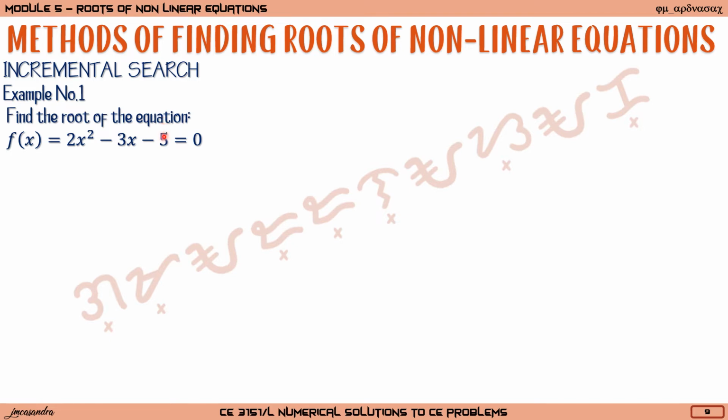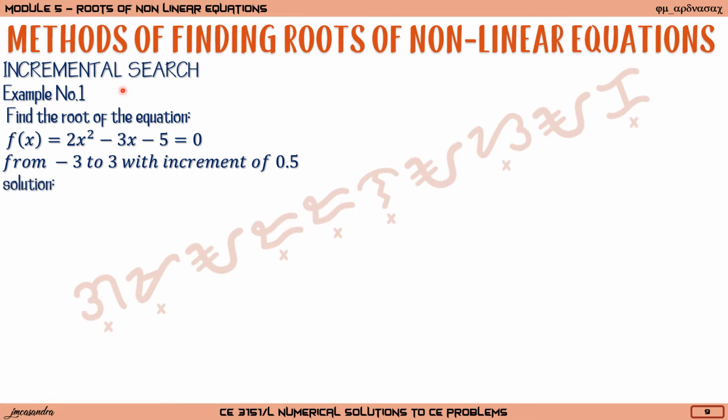But since our subject is numerical methods, we'll be applying incremental search. Okay, so here we're going to use a lower limit of -3 to an upper limit of positive 3, and use an increment of 0.5.